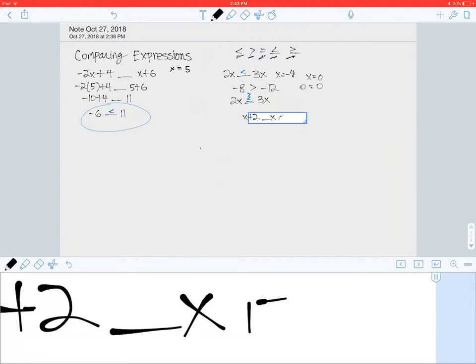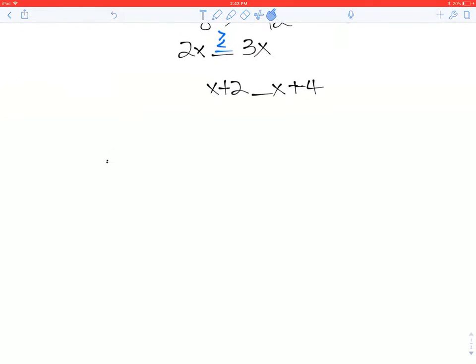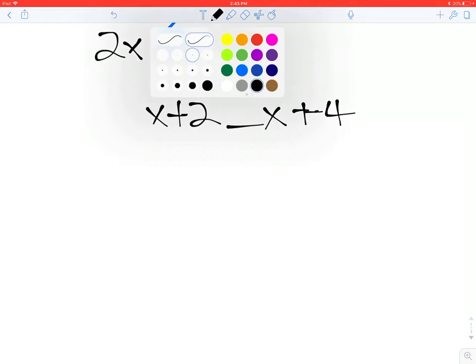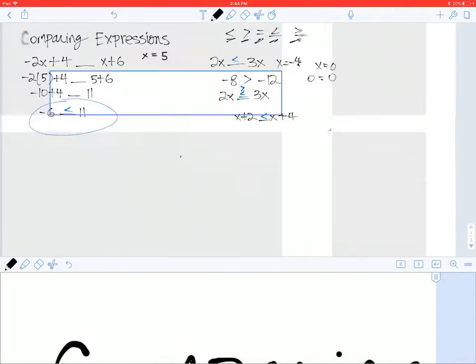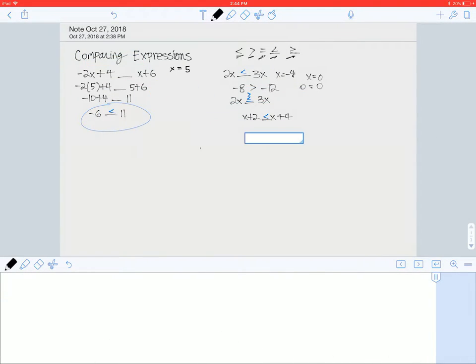In this case, x plus 2 is always going to be less than x plus 4, no matter what value x is, so like it could be negative 3 or negative 415 million.